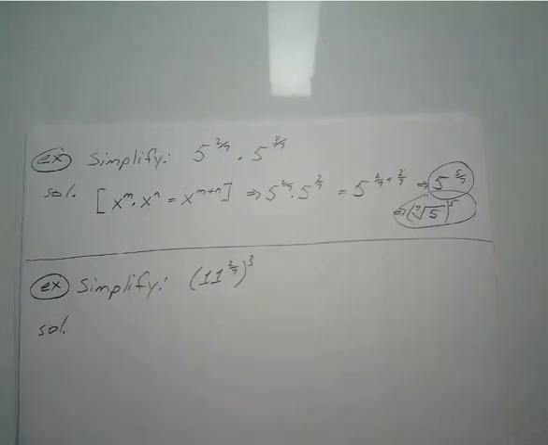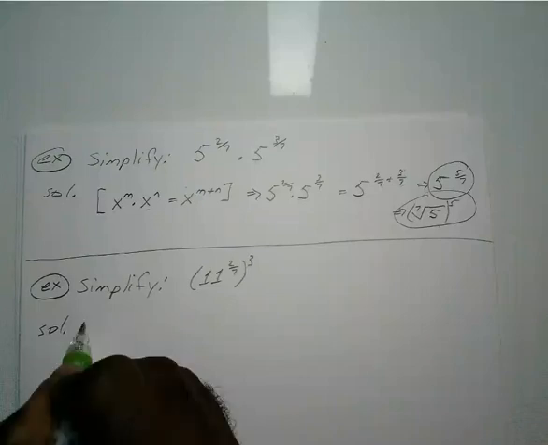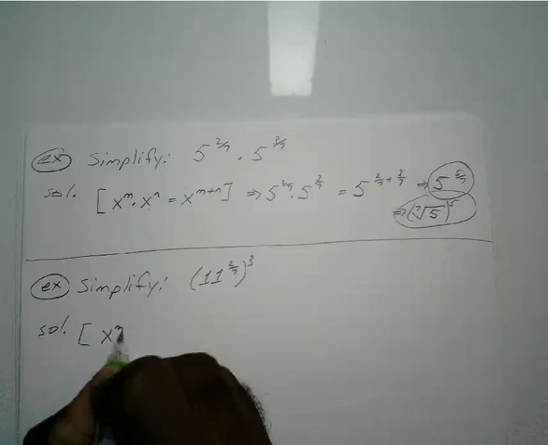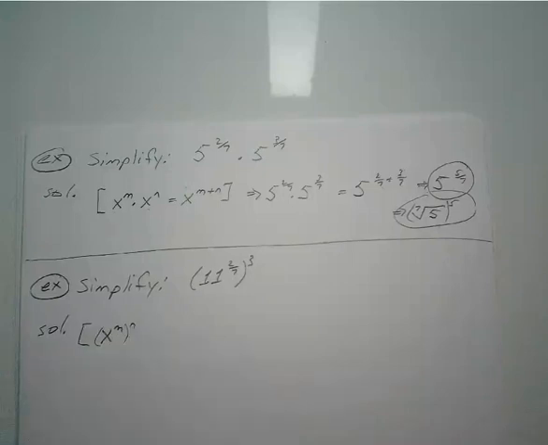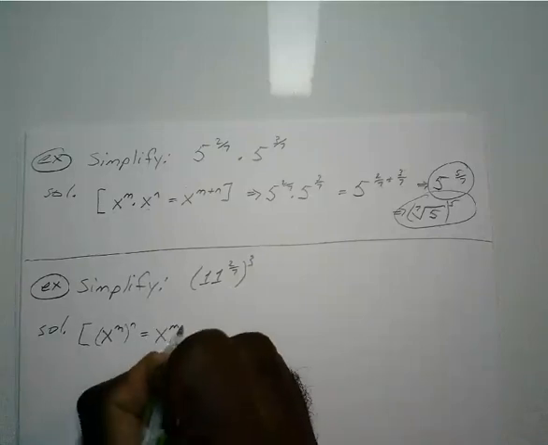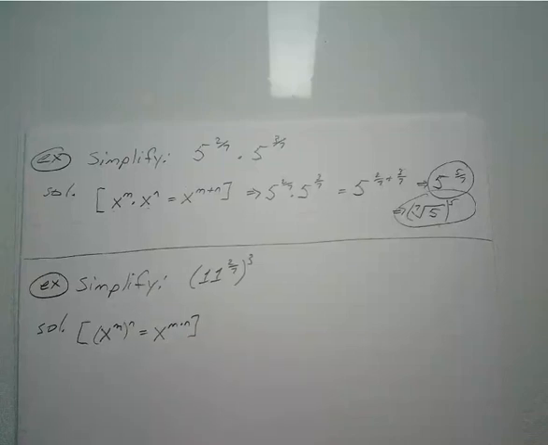If you remember, you have x to the power of m, and that whole thing is raised to the power of n, then that's just x to the m times n. So the same thing applies here.